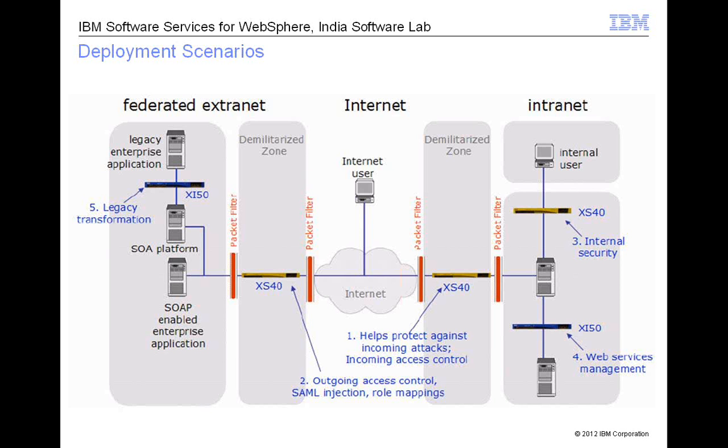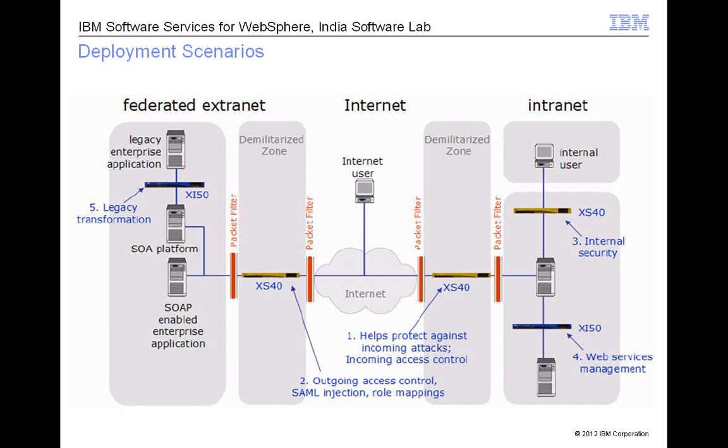On the left-hand side, there's another use case being shown. This is legacy enterprise applications being integrated from your SOA platform. Let's say your legacy application is running as an IMS application on the mainframe, or perhaps it's a CICS application that understands COBOL copybooks. The protocol it understands may be MQ, but your platform is based on SOA and web services, and you're receiving XML that needs to go up to the legacy application.